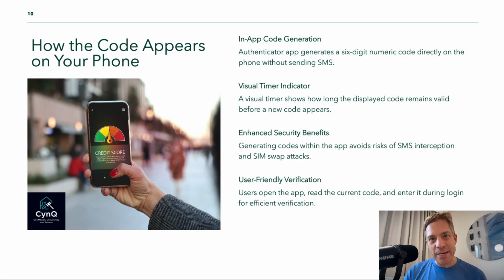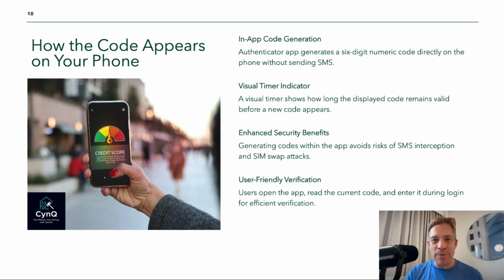So with SpokesGuy, once the Authenticator app has been set up, the verification code is displayed directly on the user's phone screen inside the app. Now, it's important to highlight here that this is not a traditional one-time passcode sent via SMS or email. Instead, the code is generated securely within the app itself.